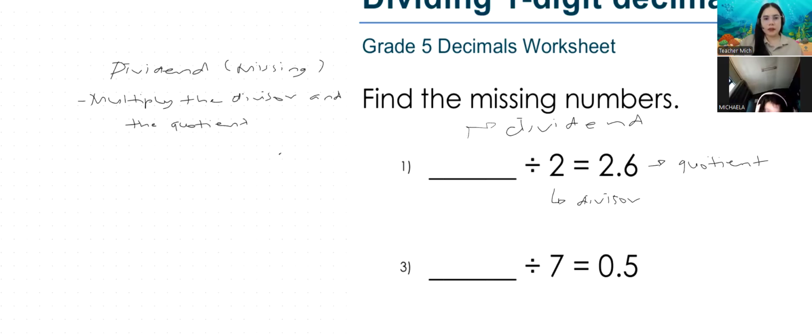And when the missing number is the divisor, this part, we need to divide the quotient and the dividend.